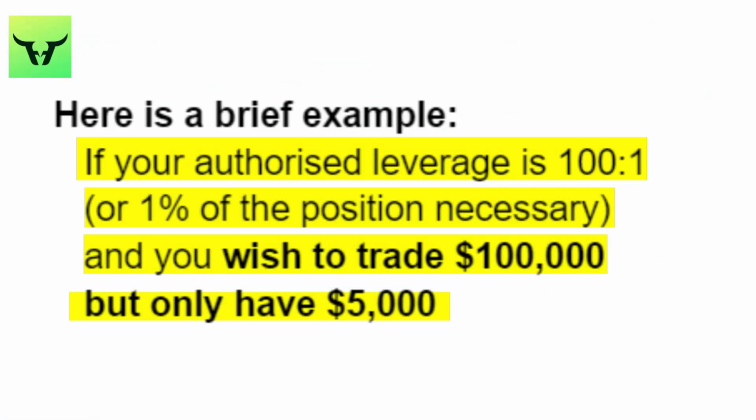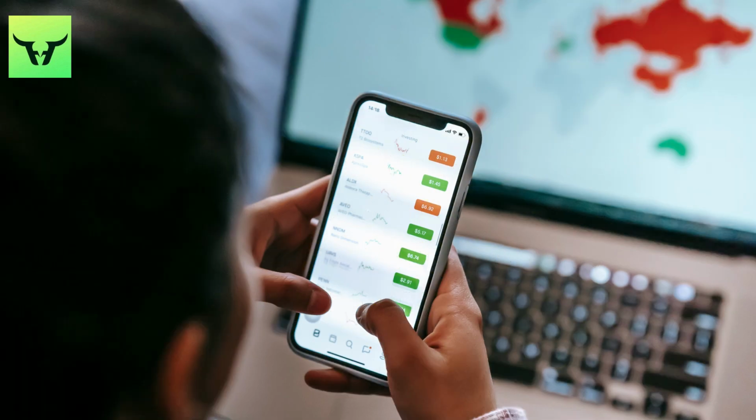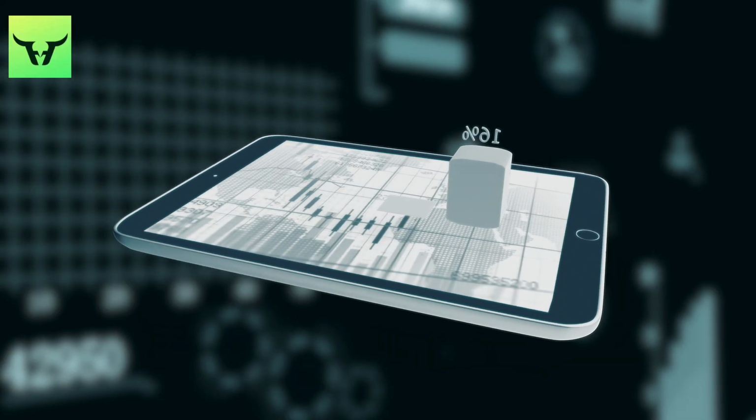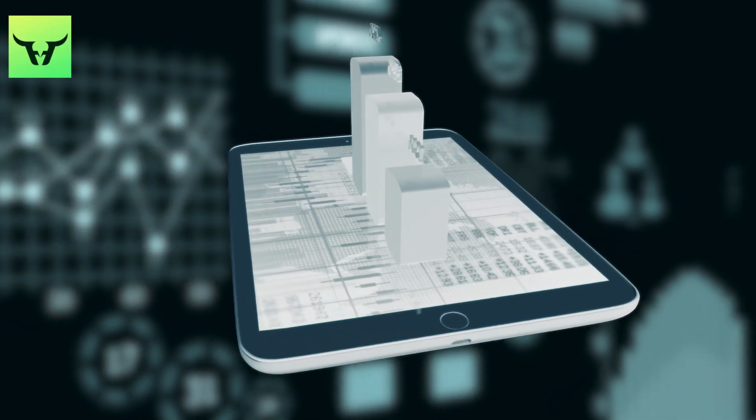If your authorized leverage is 100:1 or 1% of the position necessary, and you wish to trade $100,000 but only have $5,000 in your account, don't worry. Your trader sets aside $1,000 as a deposit and allows you to borrow the remainder. Any gains or losses are added or subtracted from your account balance.